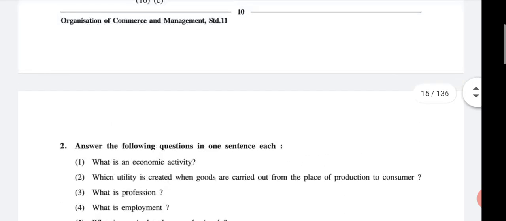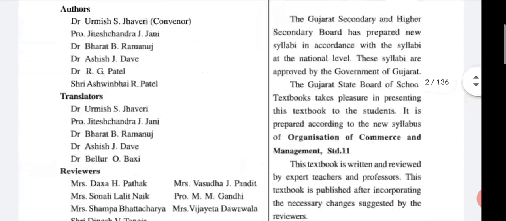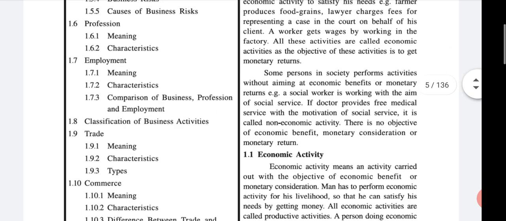Now we are moving to the topic related to the head points: how to write head points in your head points book. So see students, you start from economic activity.